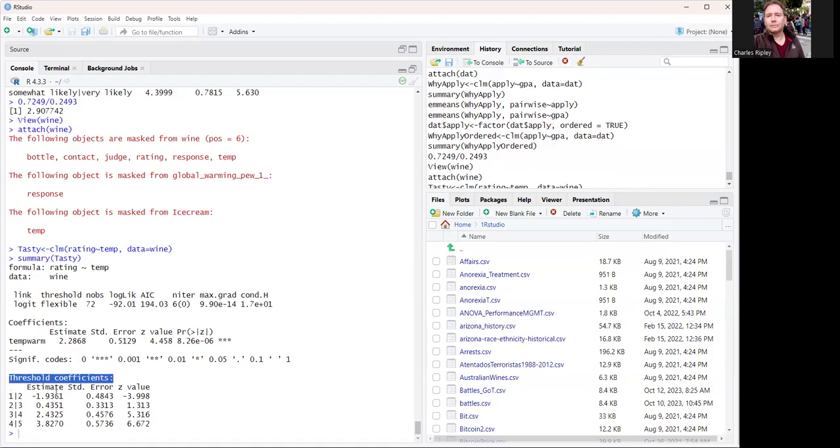But look at this. 1 and 2 seems to be in the opposite direction for some reason. And all the others, 2|3, 3|4, 4|5, are all going up in the warm value. So that's pretty interesting. What the threshold coefficients are telling us is which ones are essentially significant. And it is significant, but in the opposite way for 1|2. That would be an interesting data set to explore.